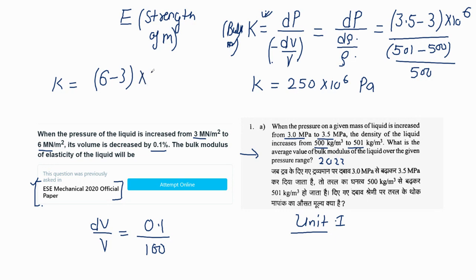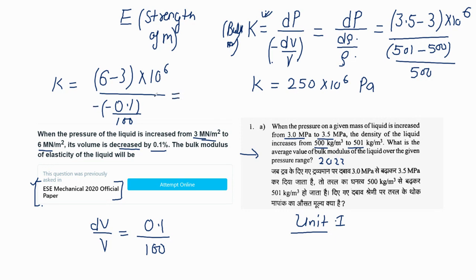Into 10 raised to power 6 divided by... why did we write 10 raised to power 6? Because here mega is written. Now the change in volume is 0.1 by 100. Here a minus sign is present and this volume is decreased, so this comes to minus, and a minus already present, so this will become positive.